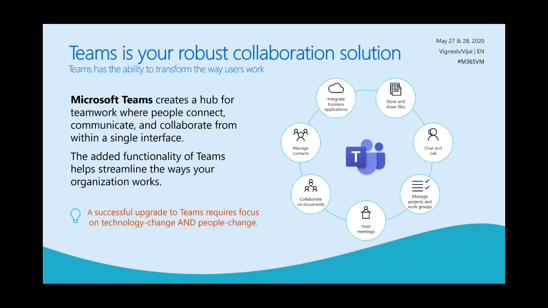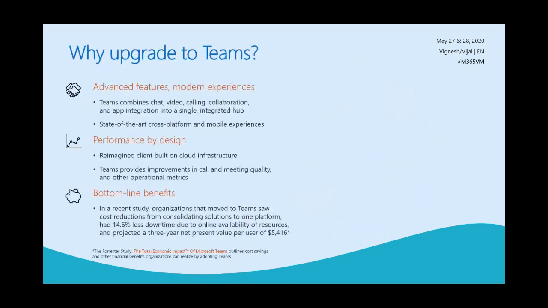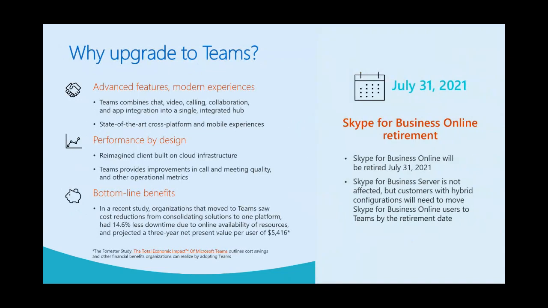And if you want to go from the Skype for Business world to the Teams world, there is of course a lot of value proposition that you would see, and I'm pretty sure your users are going to love it. Another reason for you to upgrade to Teams is that we at Microsoft are planning to retire Skype for Business Online on July 31st, 2021. So that's the D-Day.